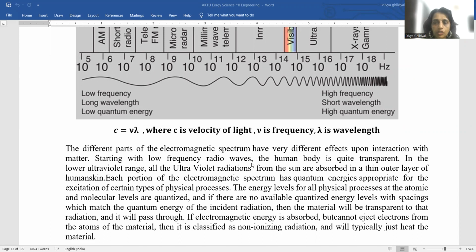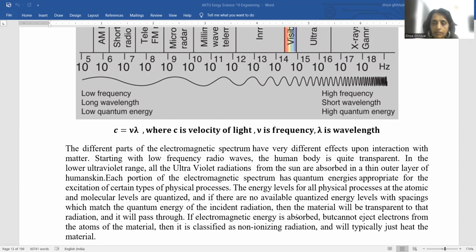You keep radios across your room for listening to music, etc., and they are harmless. In the lower ultraviolet range, all the ultraviolet radiations from the sun are absorbed in the thin outer layer of human skin. Each portion of the electromagnetic spectrum has quantum energy appropriate for excitation of certain type of physical processes.